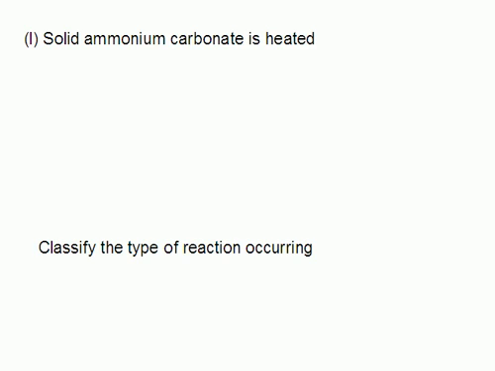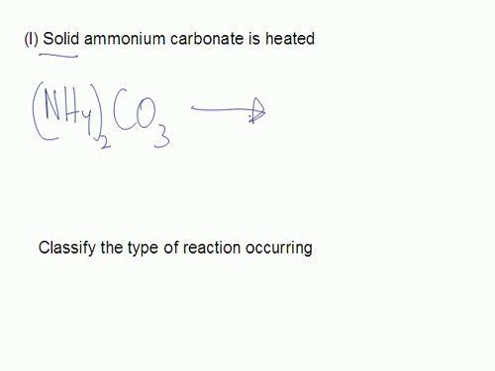Next, solid ammonium carbonate is heated. Everything's going to stay together. Now remember, when you heat things, it's different than burning them. Heating causes things to decompose. So we look at the cheat sheet about what happens when you heat carbonates. We're going to break it up into the most logical 3 or 2 things. We have N's and H's, so a very stable compound is ammonia.